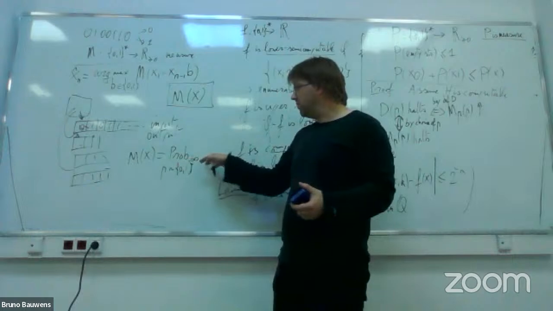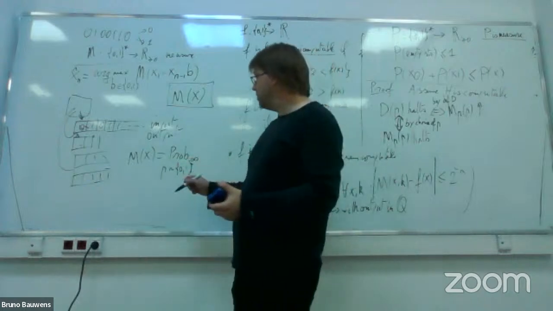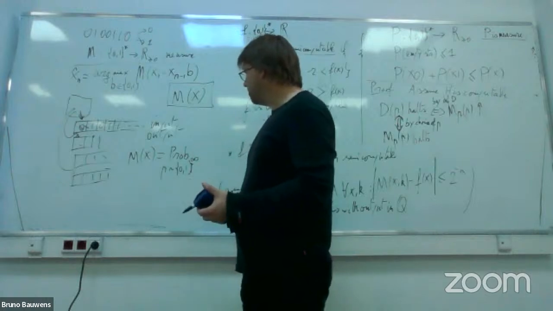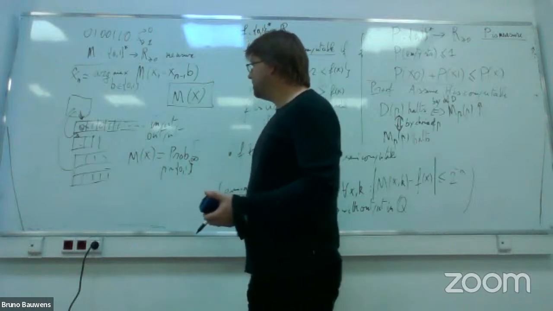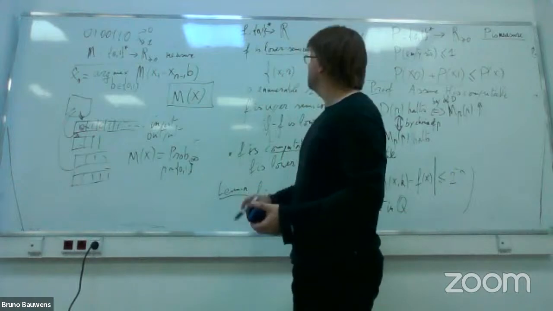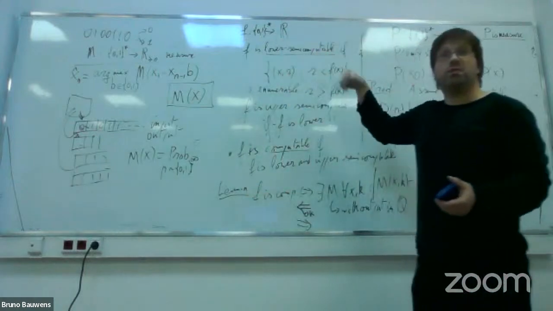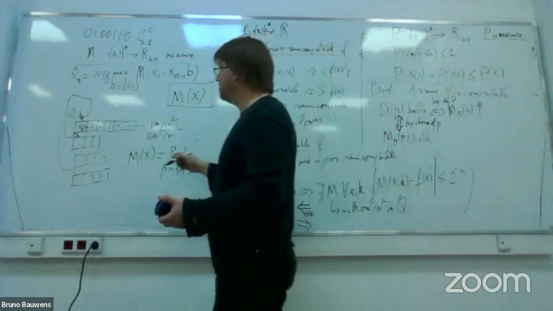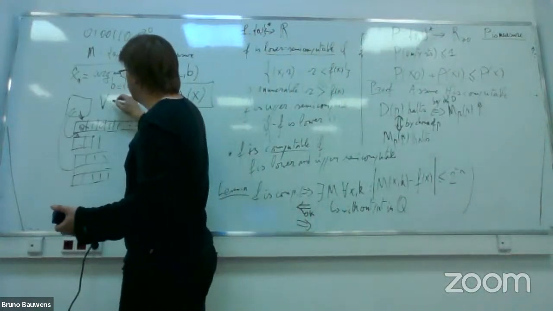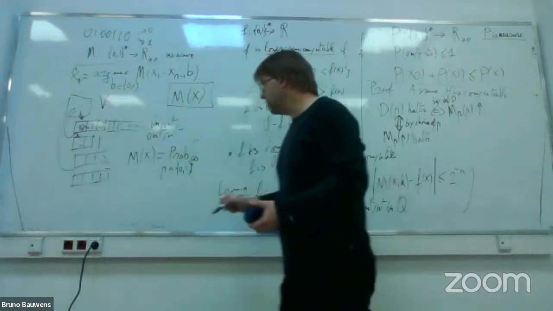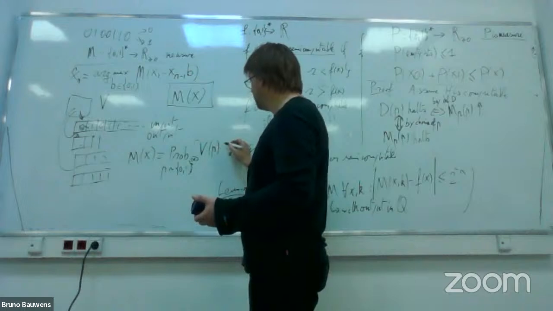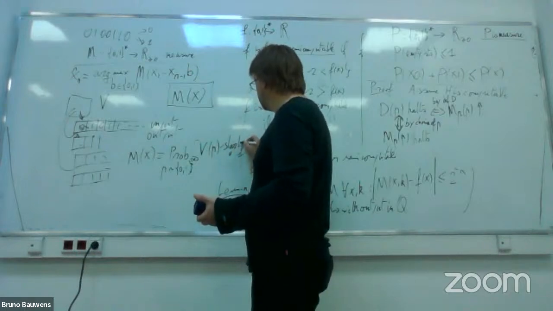We take a random infinite sequence and we look at the probability that the machine on input P starts with X. I use M for machines, so I will now use another letter for the Turing machine. Let's call it V. The probability that V of P starts with X.